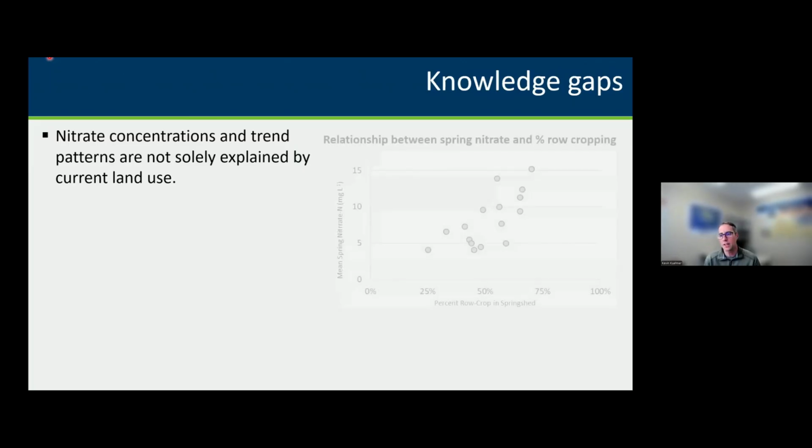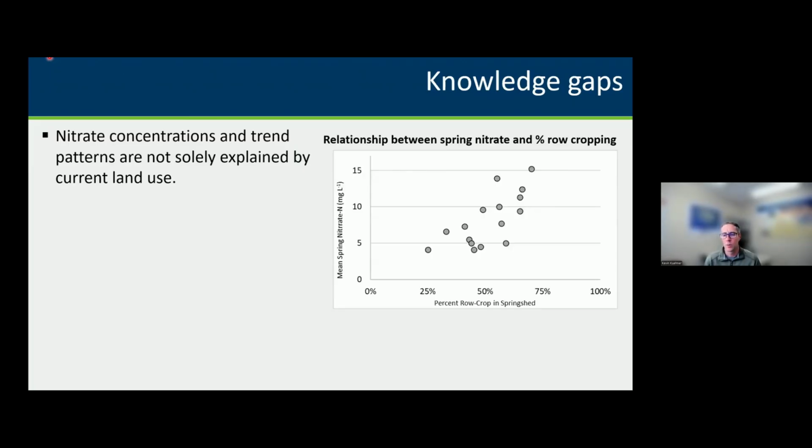I'll explain that with this data, where we plot the mean nitrate concentrations of these springs over the last 20 years against the percent row cropping. We find there's a pretty good relationship, but not great. About 50% of the spring nitrate concentrations can be explained by the percent row cropping, in this case the percentage of corn and soybean production. There's a lot of variability and scatter in the data, though.